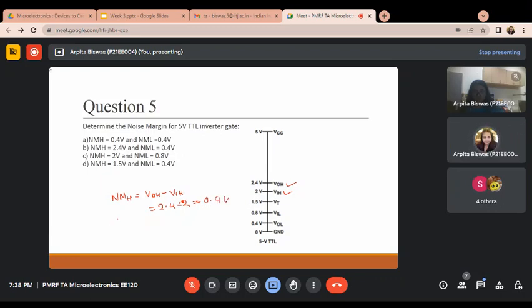Okay. And the noise margin low is equal to what? VIL minus VOL. The value VIL is 0.8 minus 0.4 volt. So the value is 0.4 volt. Now it is clear?